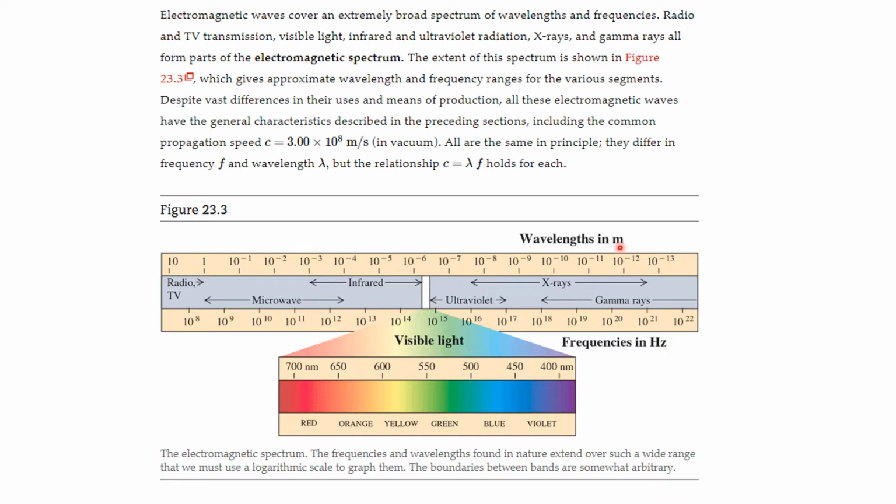If we look at those wavelengths in terms of frequencies measured in hertz, those range from 10 to the 8th hertz all the way up to 10 to the 22nd hertz.